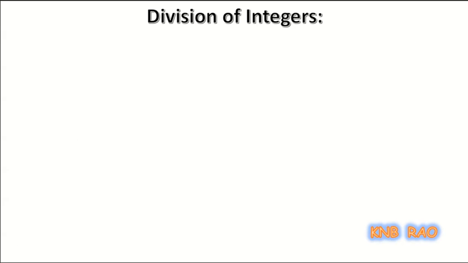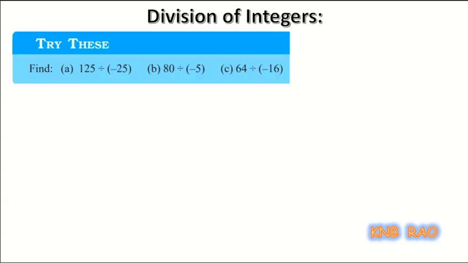And next, I am giving you 3 more examples. Here, when 125 is divided by negative integer 25 results, since 125 by 25 gives you 5, whereas the divisor being negative gives you a negative quotient.